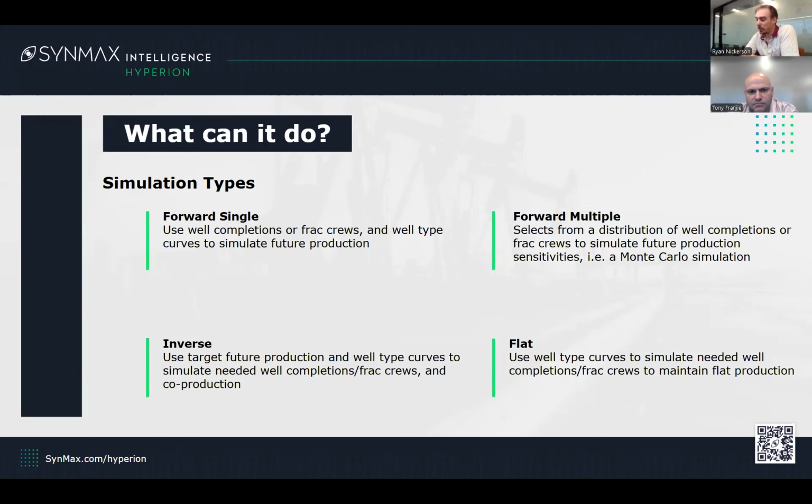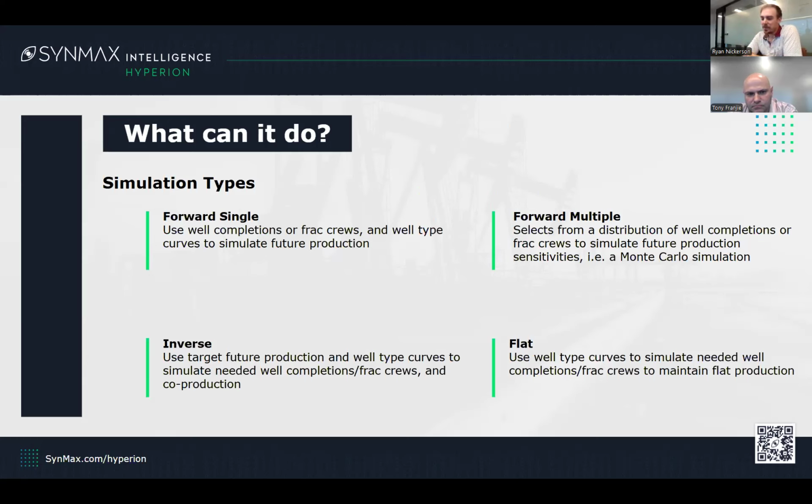Branching off of that is the forward multiple. So this is the ranges that I was talking about. You can give it a minimum and a maximum of well completions and frac crews each month and run that as many times as you want. And Production Studio will pick a value in between your ranges and plot the results for you.